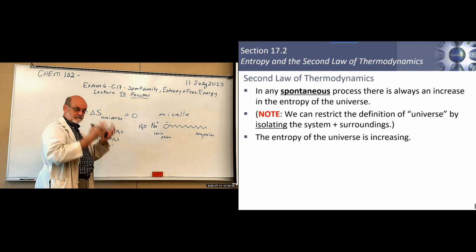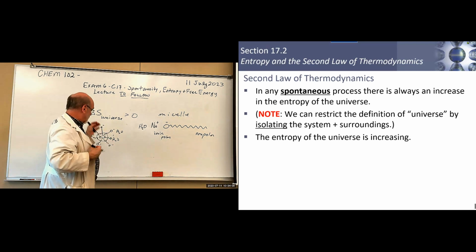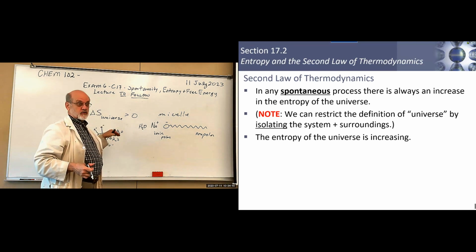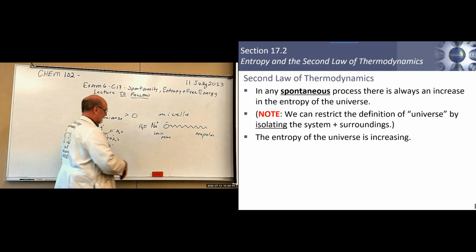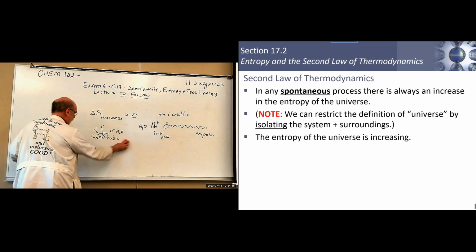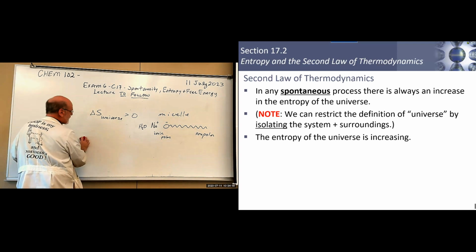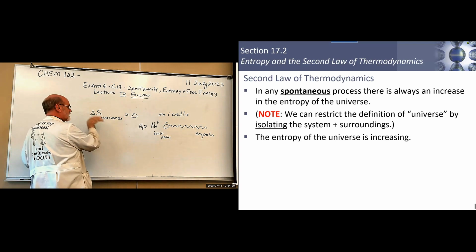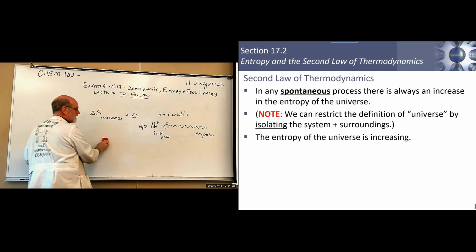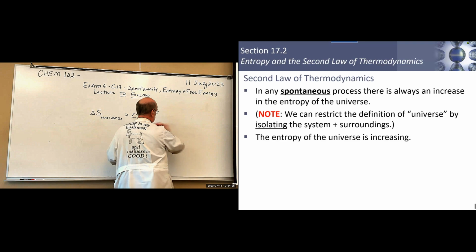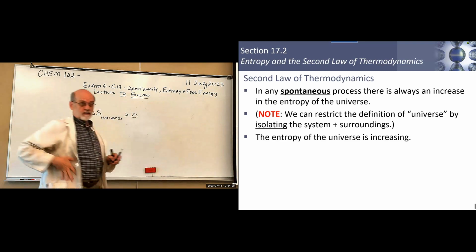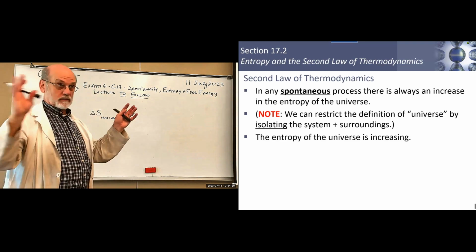That's the micelle. That order would be a decrease in entropy, but it happens naturally. So the point is that even though the universe itself is always increasing in entropy, there are local pockets of order that form.